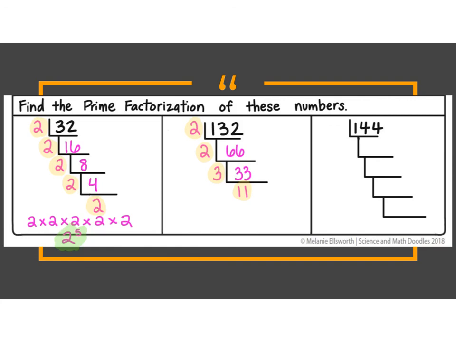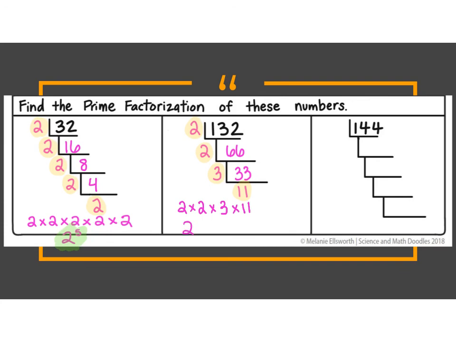We'll write in order from least to greatest. I see 2 2's, so 2 times 2 times 3 times 11. We can also write this prime factorization in exponential form. I see two 2's, so 2 would be my base number.